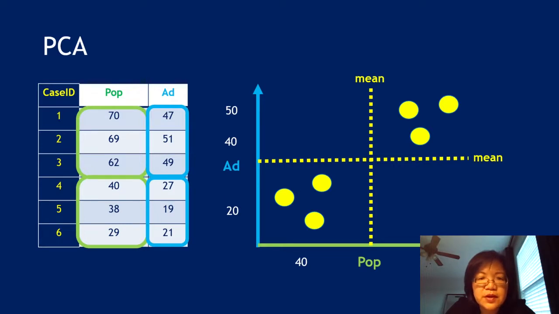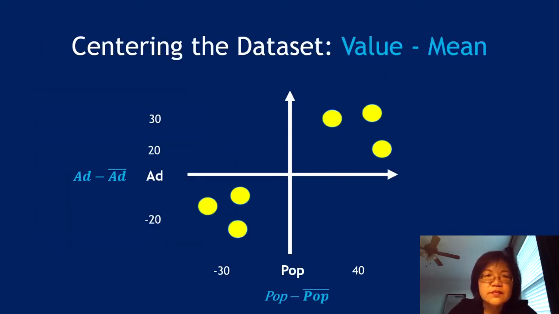So what we can do is calculate the mean for ad and the mean for pop, and that's where we find the center of the data set. And we can shift the entire data set so that the center of this data set becomes zero, the zero origin. To do that, we simply take the value of each data point and subtract the mean of that dimension from that value.